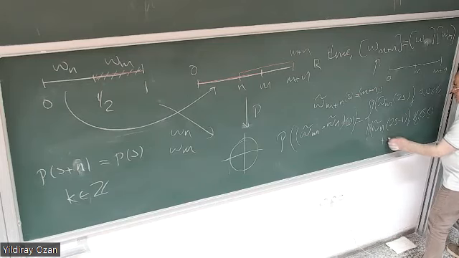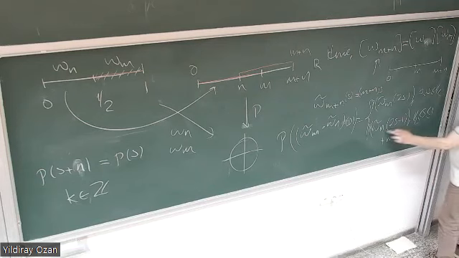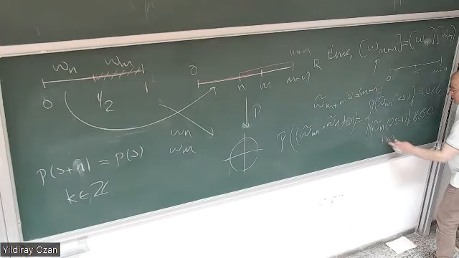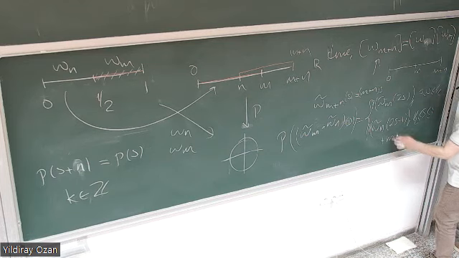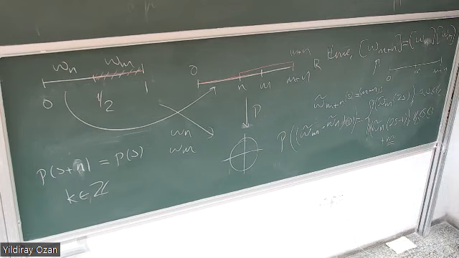You just add here M. Yani buna eklersem, so this gadget doesn't change because P just doesn't see this M here. But now it becomes continuous.